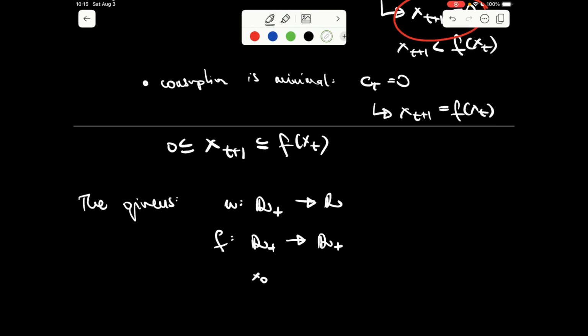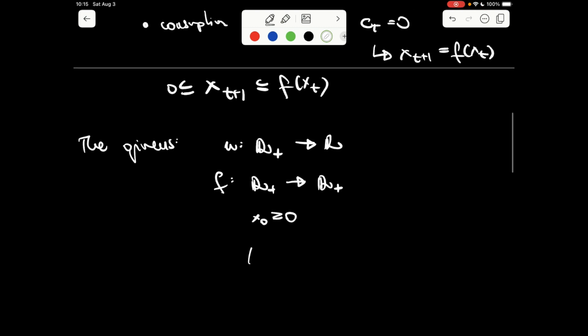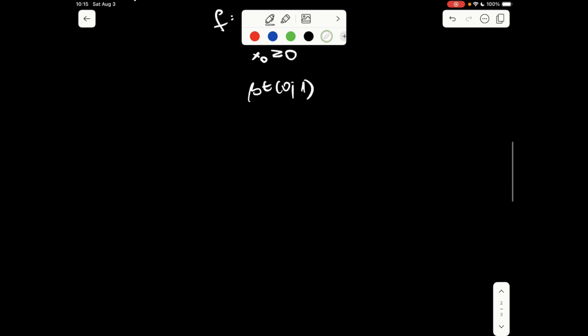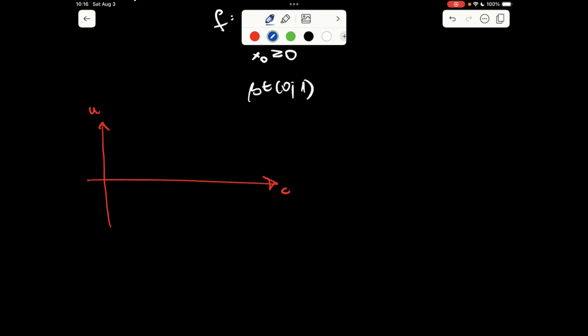There is an initial capital stock labeled as x0, and we have the discount factor between 0 and 1. And we know from the required characteristics that the utility function looks something like this. So we have the diminishing marginal return case in this example.